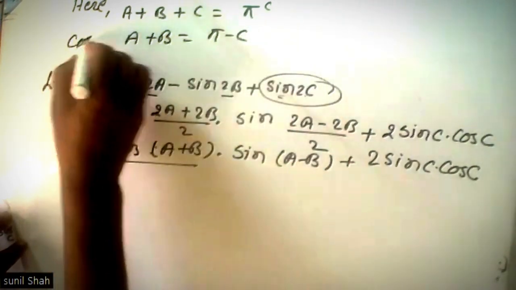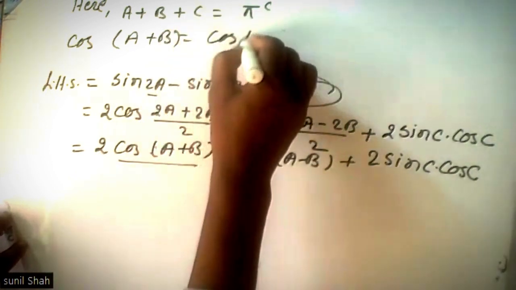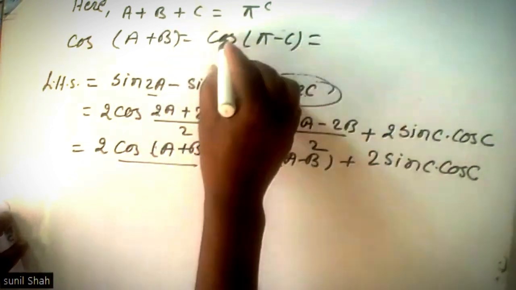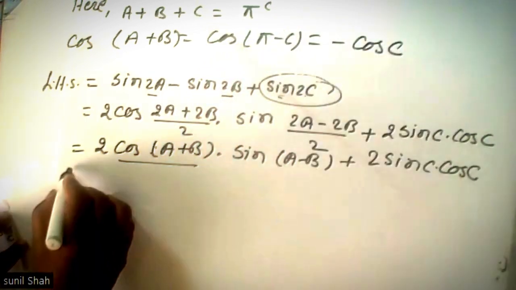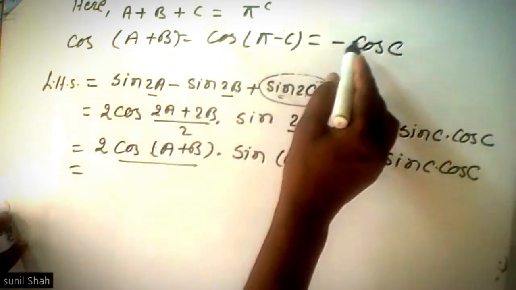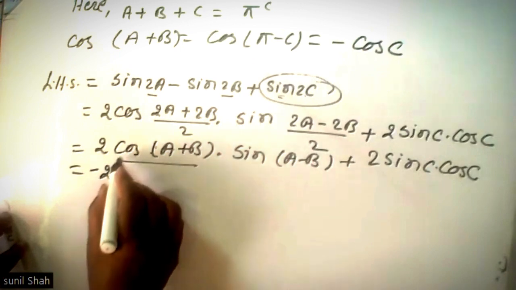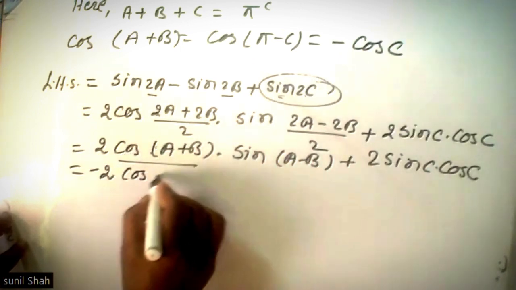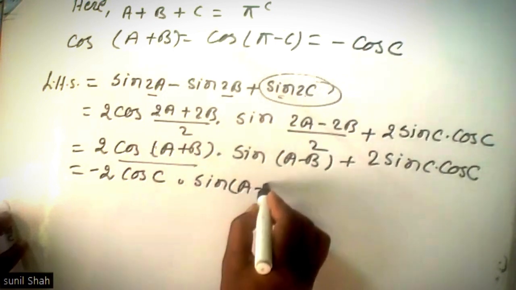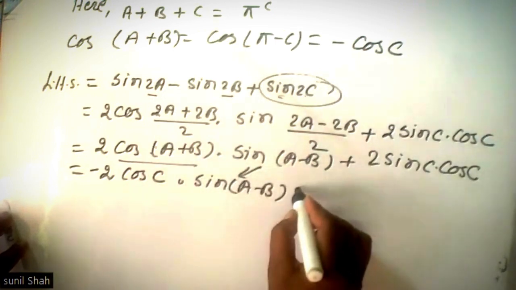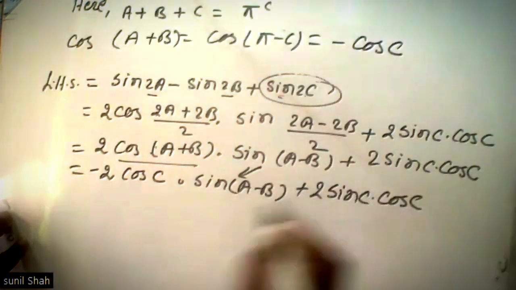When we take cos on both sides, it will be cos (pi minus c), which is cos (180 minus theta), minus cos c. So this cos (a plus b) becomes minus cos c, minus 2 cos c into sin (a minus b), plus 2 sin c into cos c.